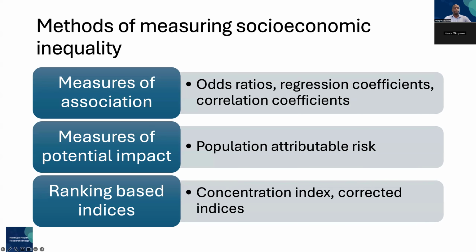So the methods that we can use to measure socioeconomic inequality are vast and can be classified. In this particular case, I classified them into three: measures of association, measures of potential impact, and the ranking-based indices. The measures of association include odds ratios, regression coefficients, correlation coefficients, among others.